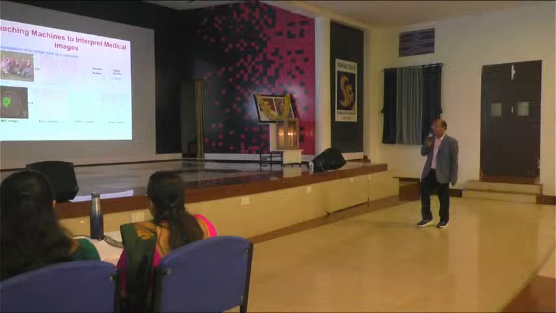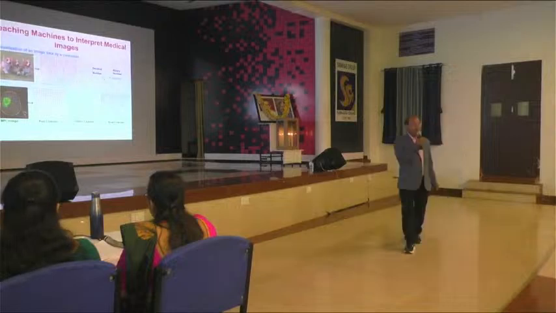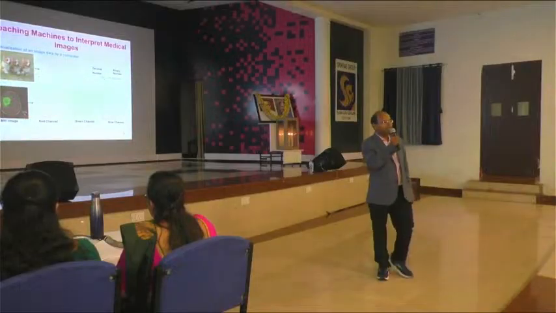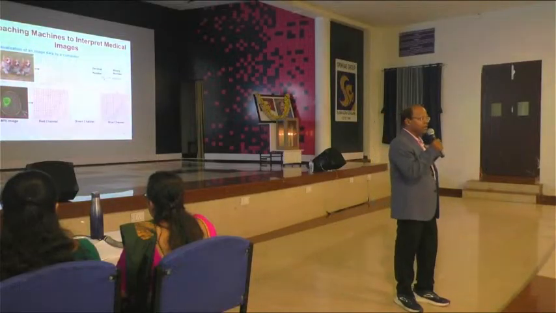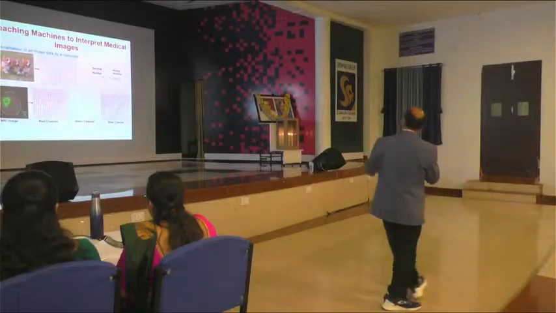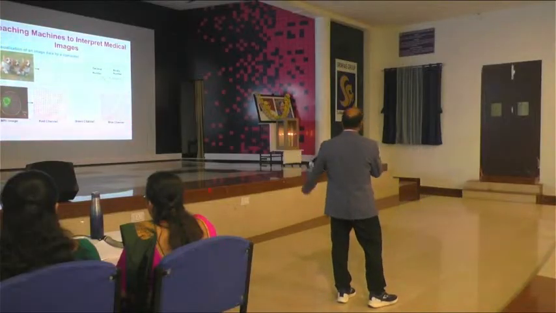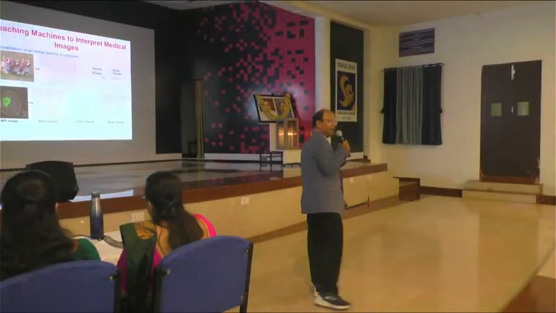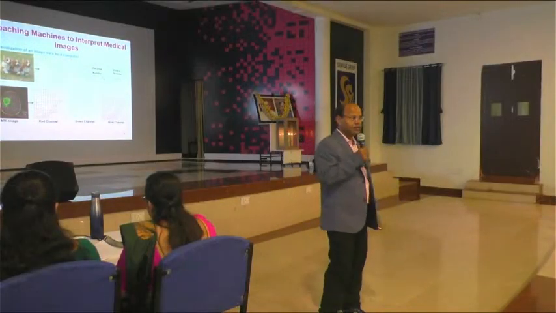Now the next topic is teaching a machine to interpret medical images. What we see and what computers see are different things. Here this is what we see as an image, but computers understand only numbers.